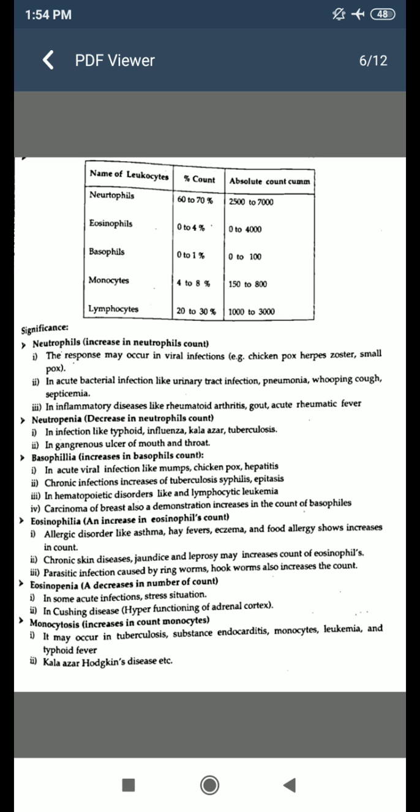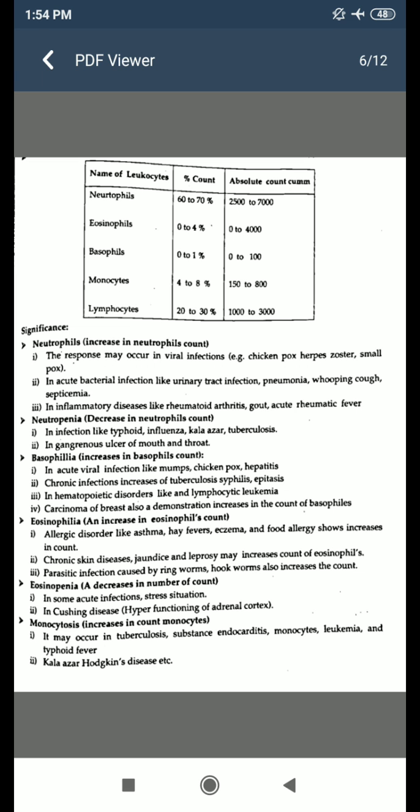The next significance of the WBC is eosinophilia, that is an increase in the eosinophil count. First is allergic disorders like asthma, hay fever, eczema, and food allergy, which show an increase in count. Then chronic skin diseases, jaundice, and leprosy may increase the count of eosinophils.